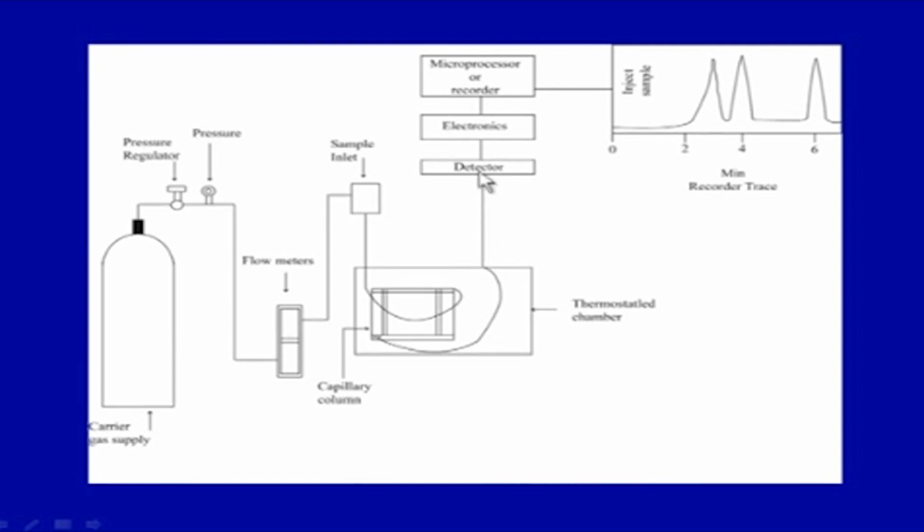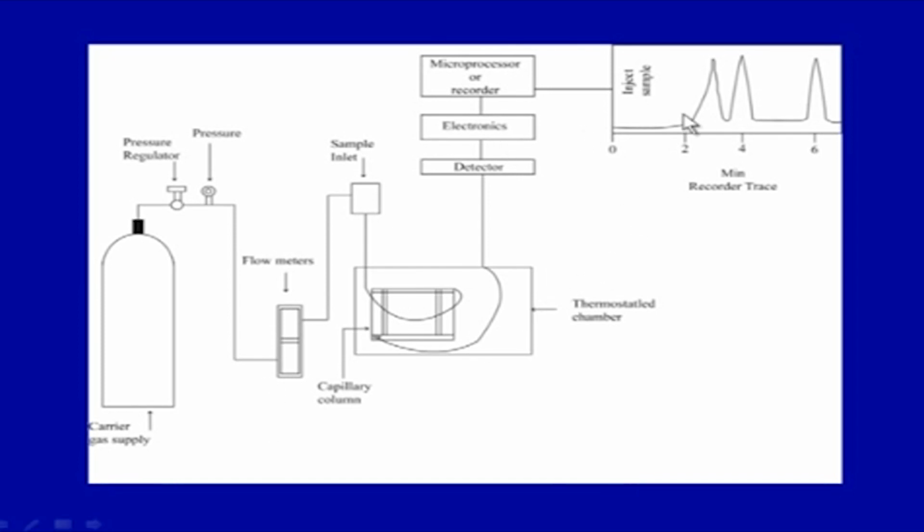The analyte from the column then passes through the detector, and then certain electronics, microprocessor amplifiers, and finally a data recorder, and you will see the peaks here as you see in other chromatography techniques. So, the principles are the same, based on partitioning between the gas and the liquid phase.